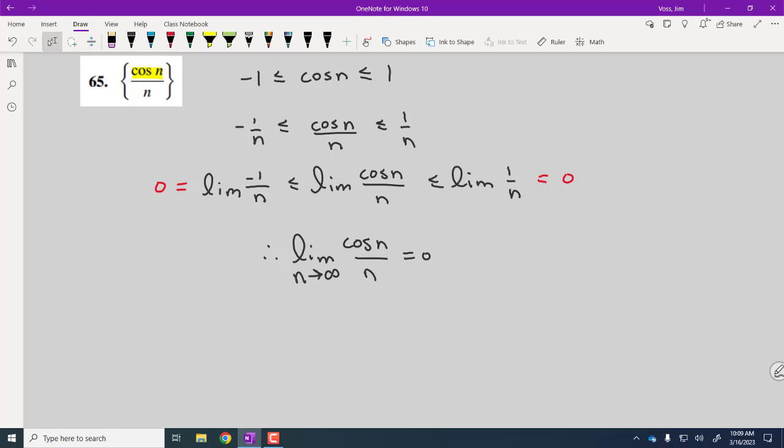It can only be wobbling around between -1 and 1. And if the denominator is growing without bound, that little wobbling around between -1 and 1 is going to be insignificant. So in the long run, we will be just sort of writing the limit of this as 0 without going through all the motions here. The supporting math, the squeeze theorem, is what allows us to do it.